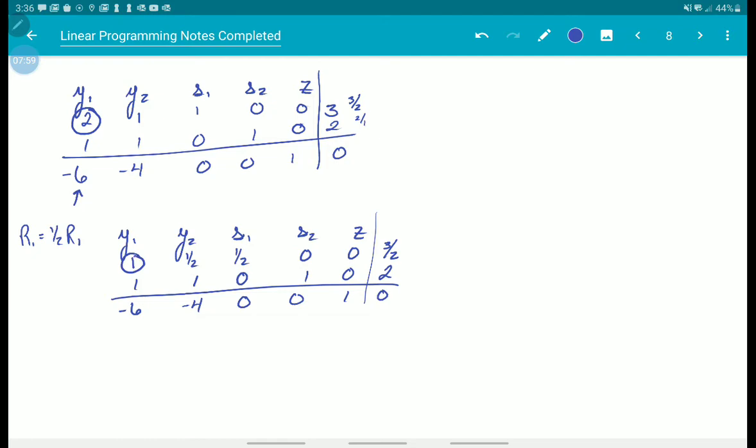Still pivoting here. So let's take row 2 and replace it with row 2 plus -1 times row 1, and take row 3 and replace it with row 3 plus 6 times row 1.